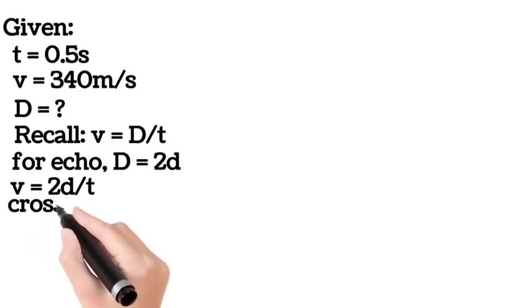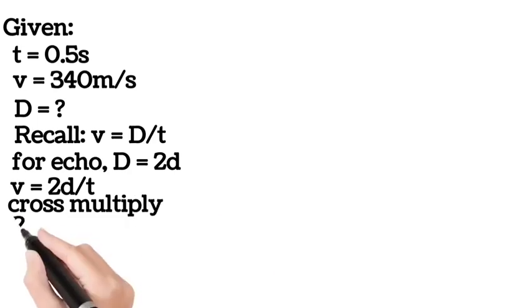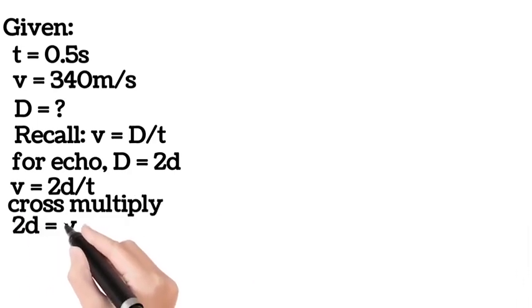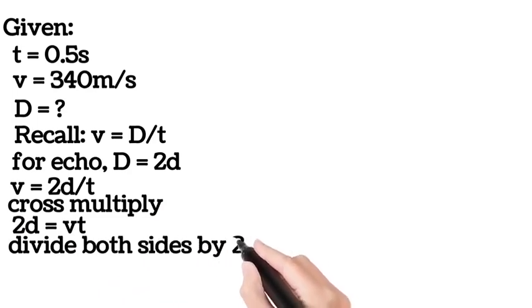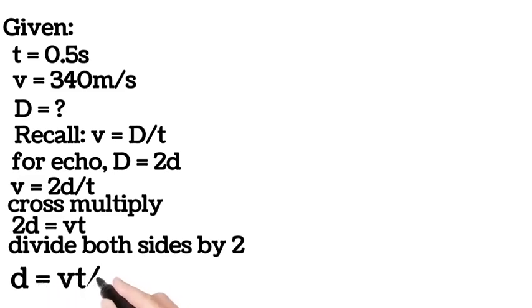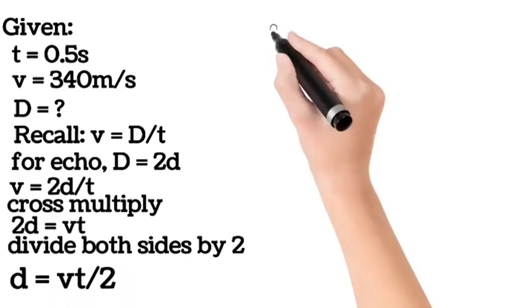So 2d is equal to what? Vt, because V times T when we cross multiply. So 2d will be equal to Vt. And we divide both sides by 2. If we divide both sides by 2, we have d equals Vt over 2.